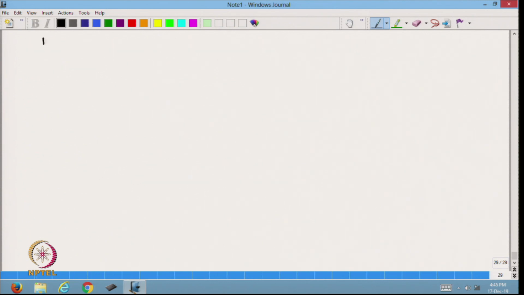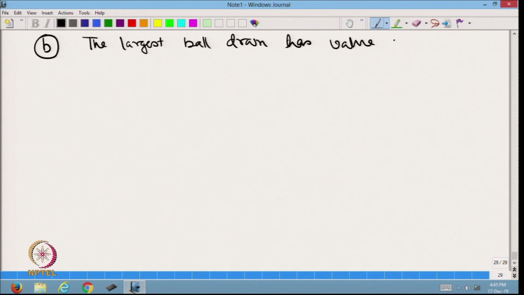Now, event B is that the largest ball drawn has value equal to 6.